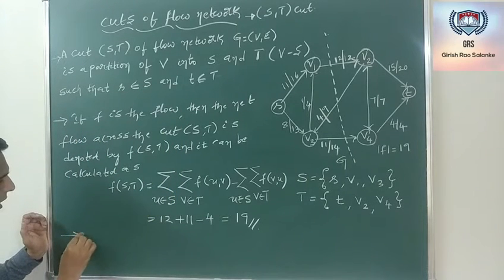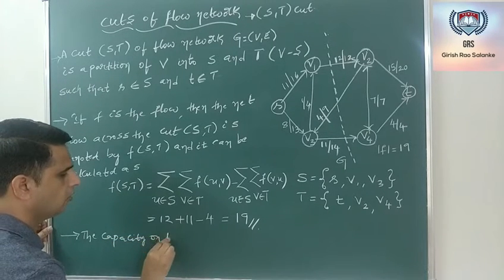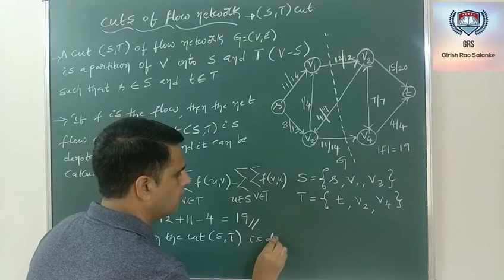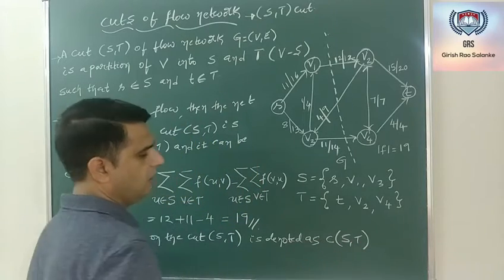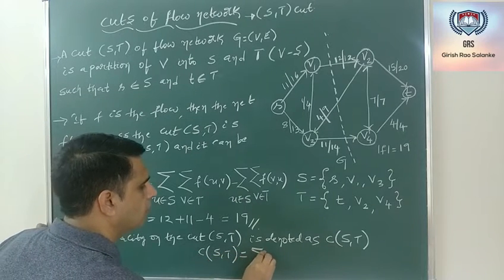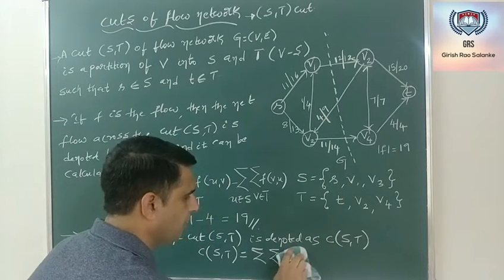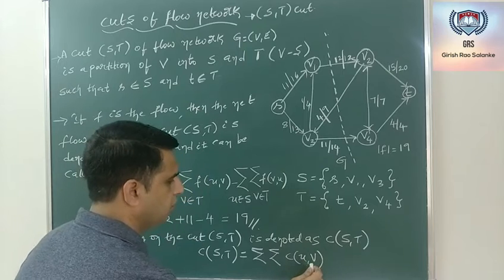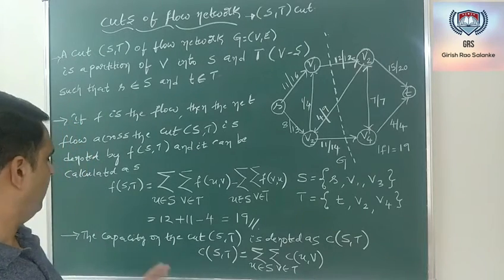Similarly, we can calculate the capacity on the cut ST, denoted as C of ST. That is the capacity on the ST cut, and it is equal to the summation of the capacities on the edges from U to V, wherein U belongs to S and V belongs to T. As per this definition, what is the capacity of this cut?